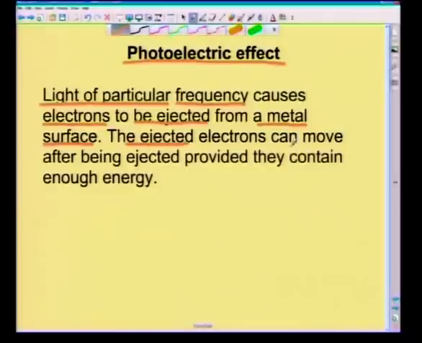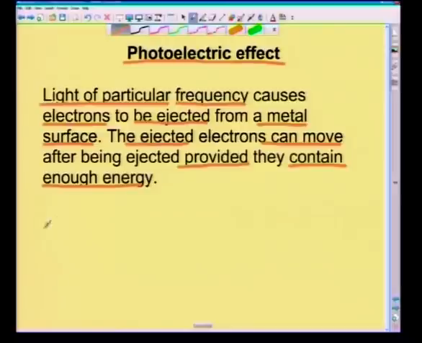We'll explain further about these energy packets as we move on into the lesson. These energy packets must have enough energy to cause the electrons to be ejected. So the ejected electrons, once they are ejected, can move, all right? But then they can only move provided that they contain enough energy after that.